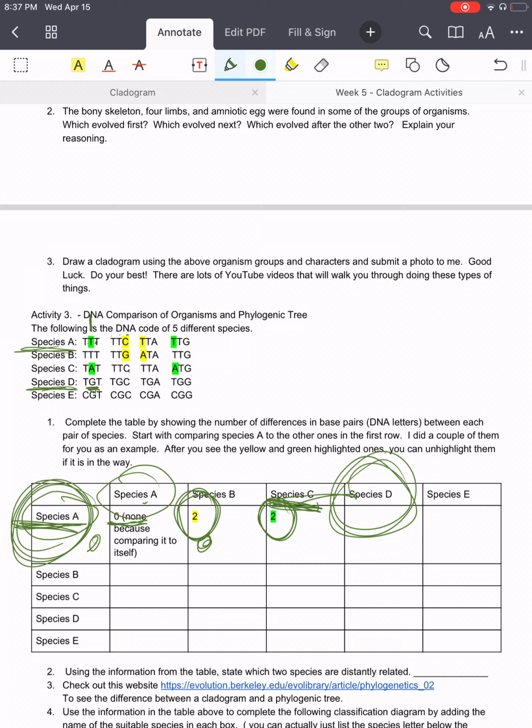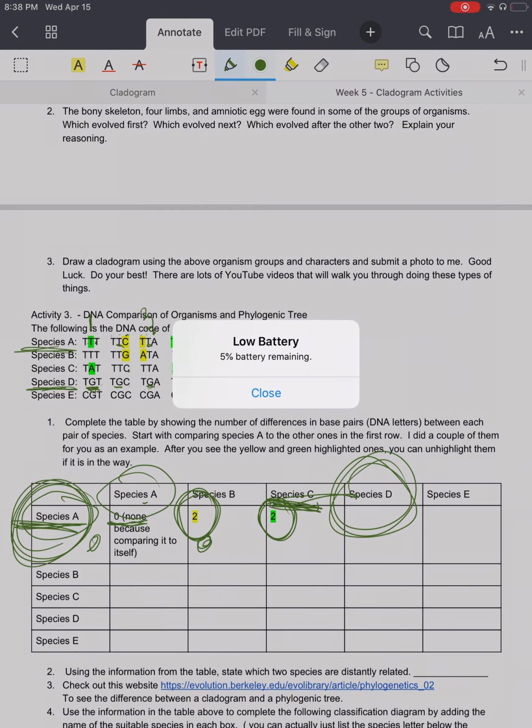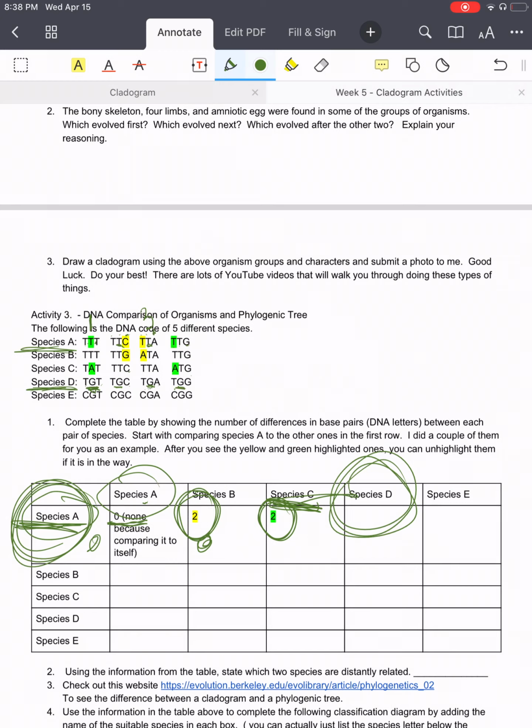T, T, C to T, G, C. No, that's not the same. T, T, A to T, G, A. That's not the same. There's 3 differences, right? T, T, G to T, G, G. There's a difference. So there's 4 differences. This is starting to make more sense.